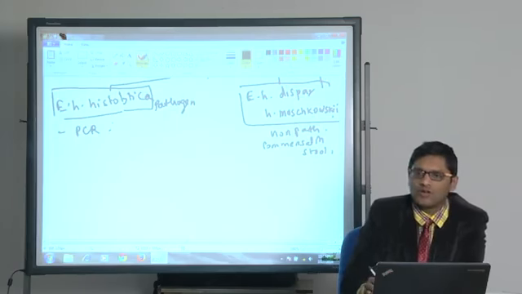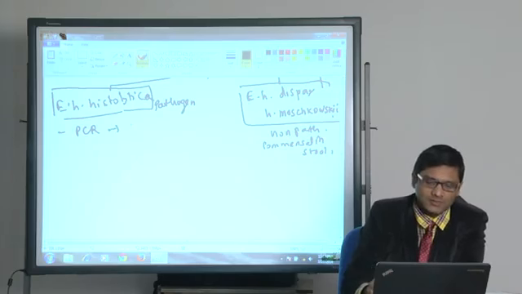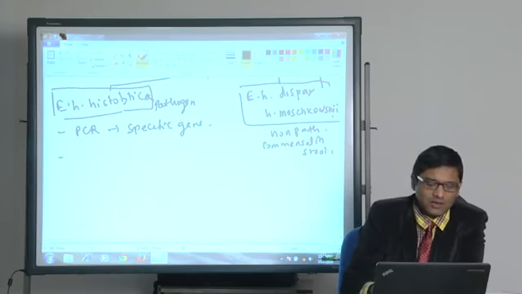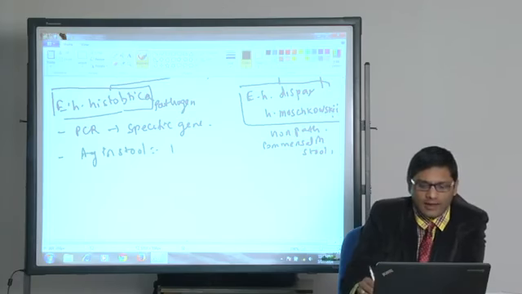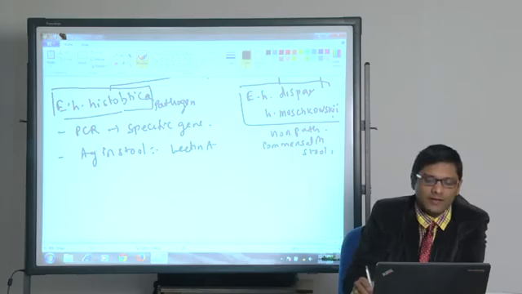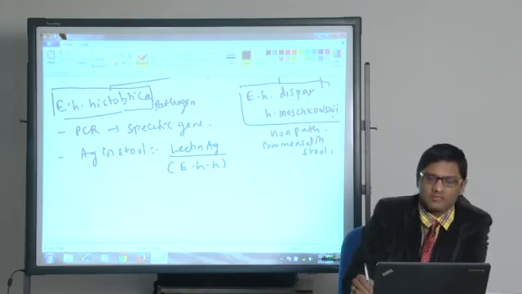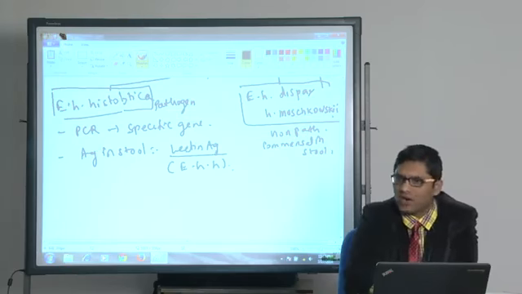PCR is done to detect the specific gene of the respective subspecies. Otherwise, you can look for antigen detection in stool, because the lectin antigen, which is the virulence factor, is only present in Entamoeba histolytica subspecies histolytica, and will not be there in other subspecies because they are non-pathogen.